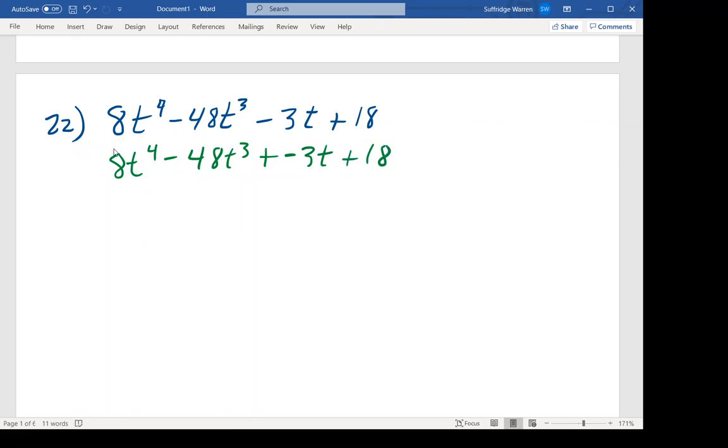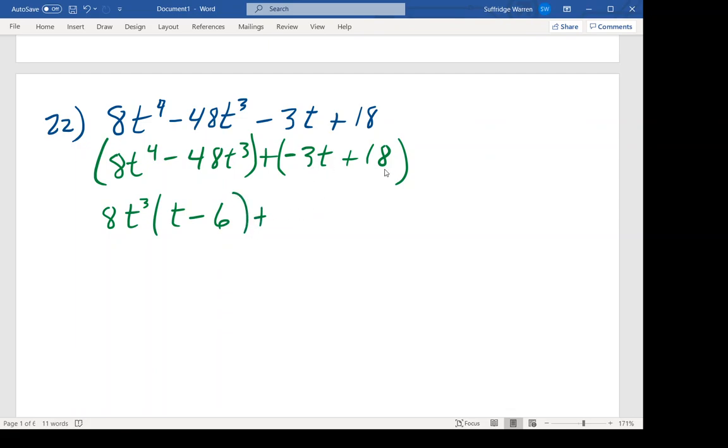Now we can group these, factor each. 8 and 48 have a GCF of 8, t to the fourth, t to the third. T to the third is a GCF, so that goes outside. Well, we need one more factor of t to make 8t to the fourth, and then 8 times 6 is 48. T to the third times 1 is t to the third, so we don't need to add any more factors of t.